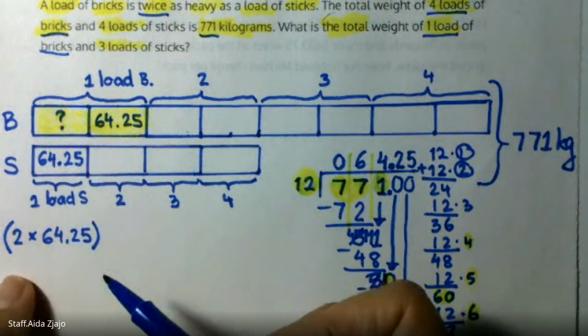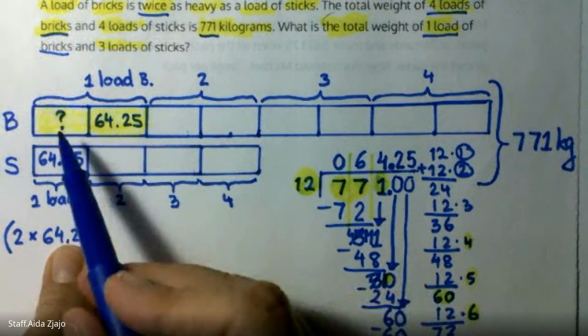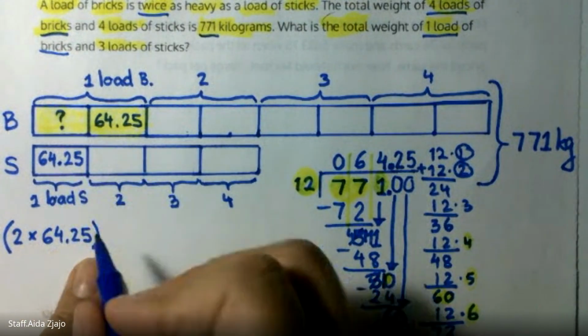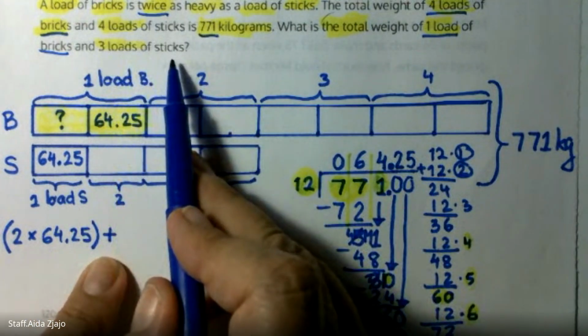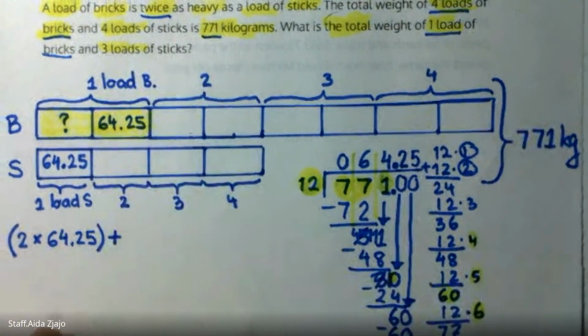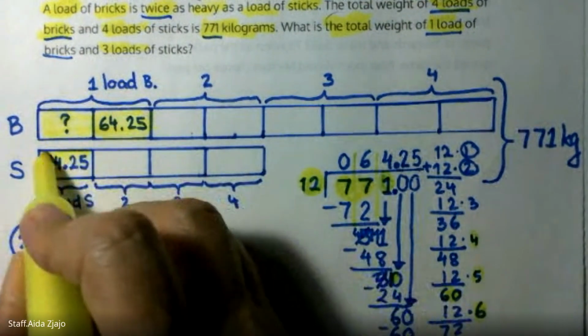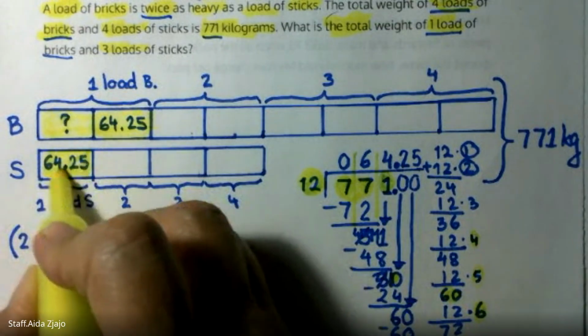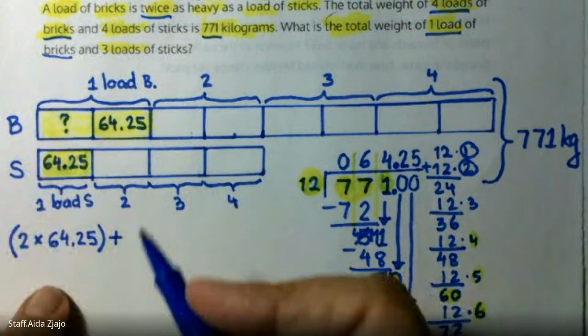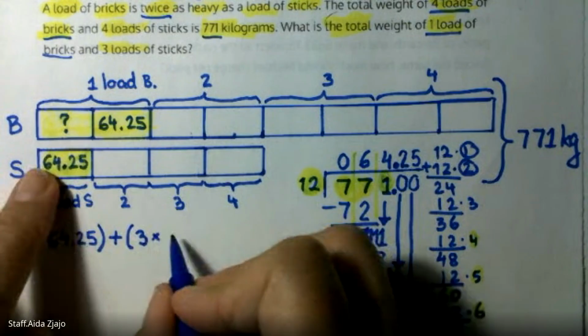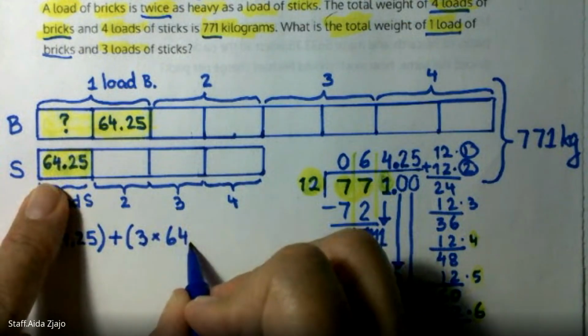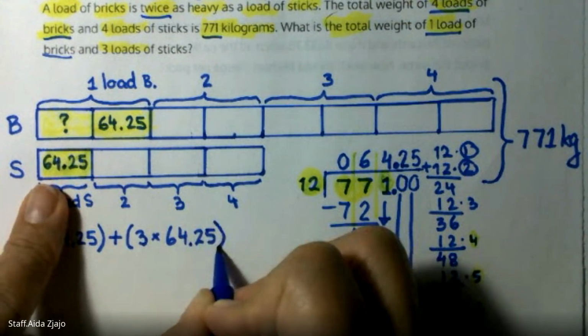Or we can say 2 times this unit, plus they will say 3 loads of sticks. So a load of sticks is just this one unit, but because they said 3 loads, it would be 3 times 64 and 25 hundredths.